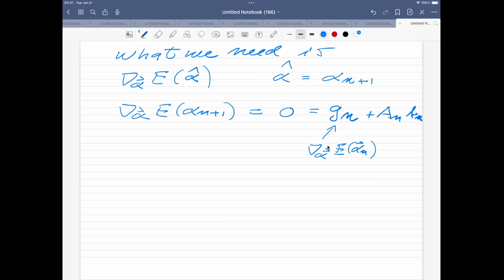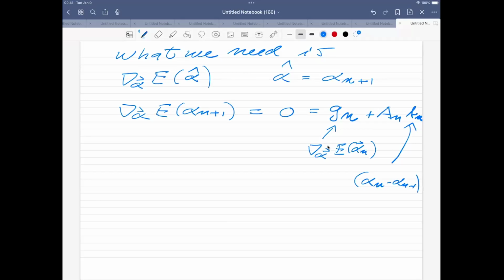So this is a matrix and this is a vector. I'm skipping the vector signs. So this quantity is the same as alpha n minus alpha n minus 1, because that's my previous iteration. So what I'm going to do then is set up an iterative scheme.